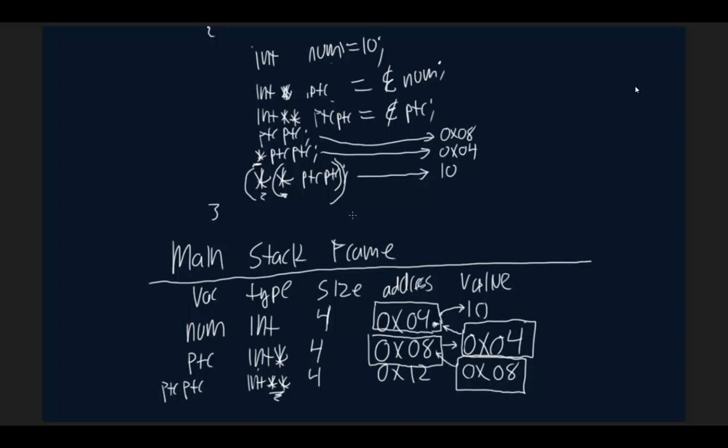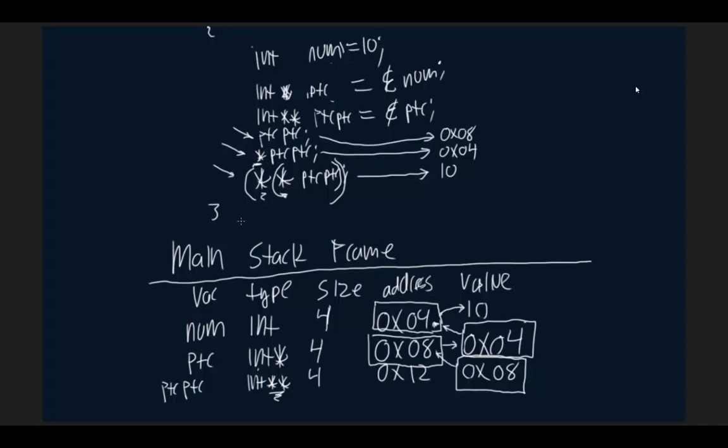So pointer is the value, and dereference pointer is the value of a value, and dereference pointer is the value of the value of the value. Let's see if I get that. Pointer, this is the value of pointer. This is the value of where pointer is pointing at.